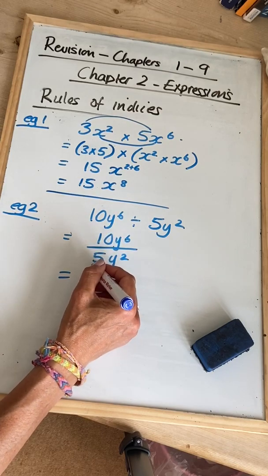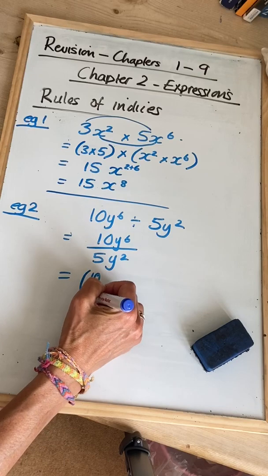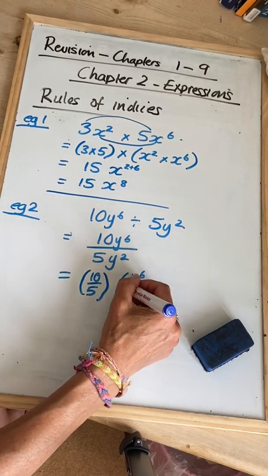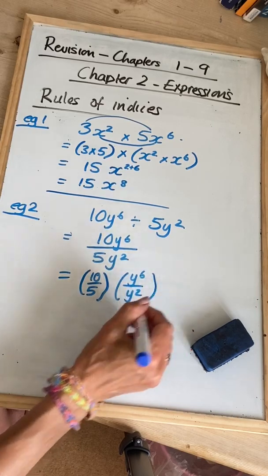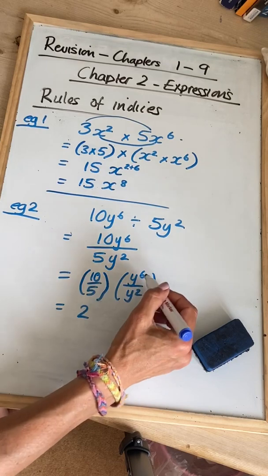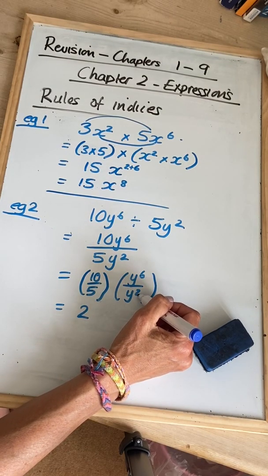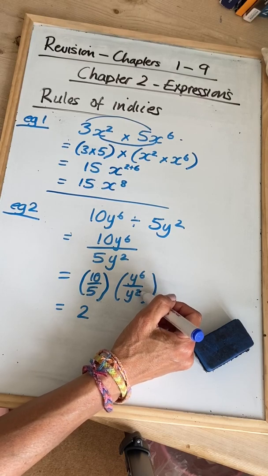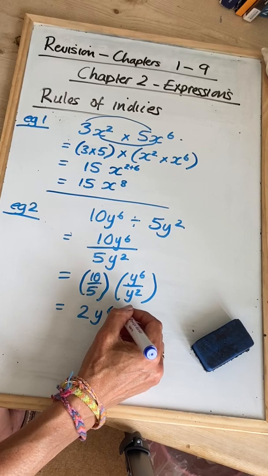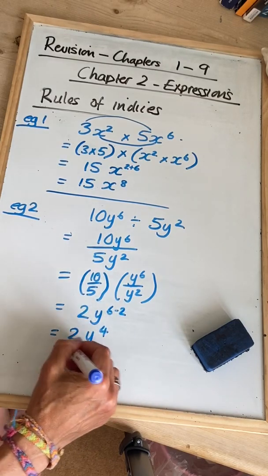So dealing with the numbers, I've got 10 over 5, and then dealing with the letters, I've got y to the 6 over y squared. 10 divided by 5 gives me 2. Y to the 6 divided by y squared, our rule is that we subtract this power from that power. So it's y to the 6 minus 2 equals 2y to the 4.